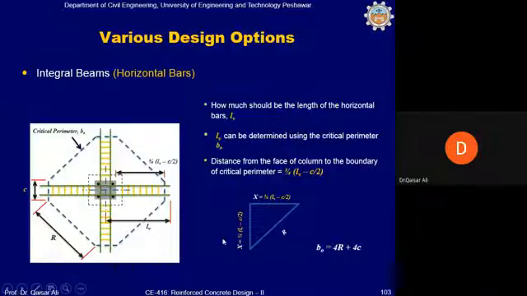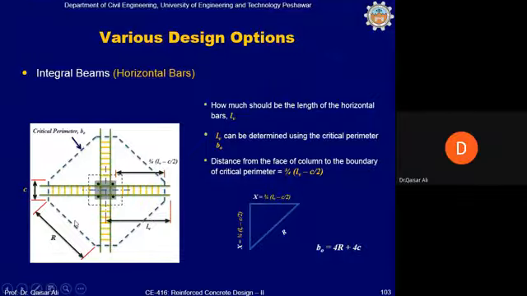Once this R is calculated, we can calculate the b naught. b naught is now this dotted line. b naught has been shifted outward from this location. Previously, the b naught was at a distance of d by 2 from the face of the support. Now, with the integral beam, b naught has been shifted outward. So, in order to calculate b naught, there is this side, the second side, third side, and fourth side.